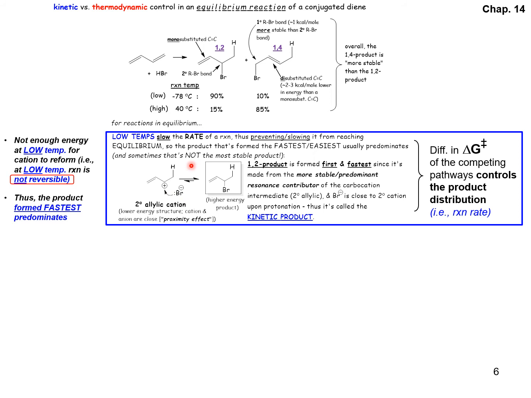Remember, H and Br are associated with each other, so as H plus starts to form a bond with the carbon-carbon double bond of the diene, the Br- is hanging around over here, closer to carbon number 2 than it is to carbon number 4. So this is called the proximity effect. And let's look on the next slide for evidence to show that this is a real effect.